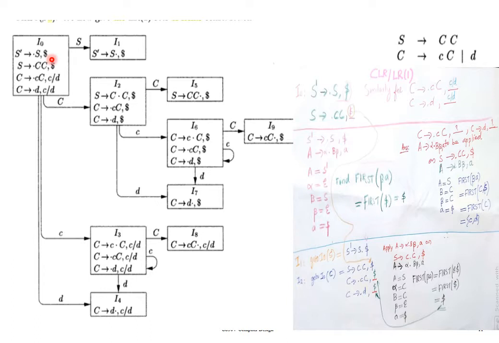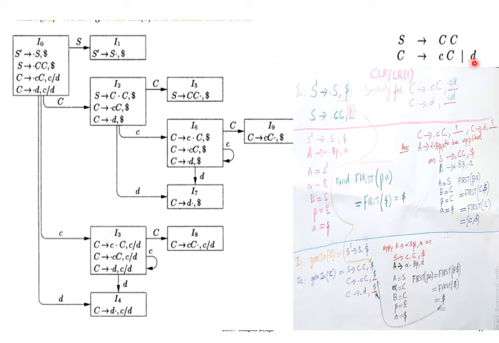Since after the dot the capital S is there, it is a non-terminal, so we have to seek the productions of capital S. Here the S production is only S gives C C. So we have to add that with a dot on the left hand side.